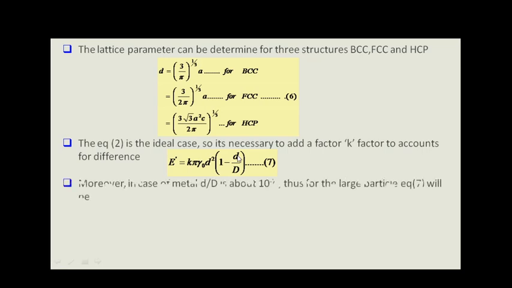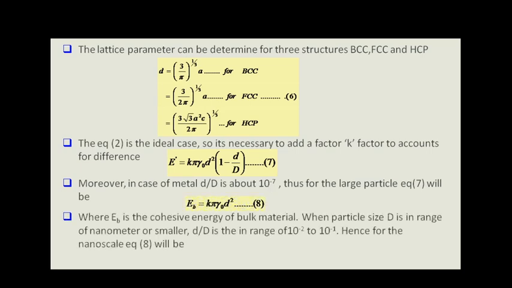I have given the statistics also. In the case of a metal, if small d to capital D is about 10 to the power minus 7, if the particle is very, very large, maybe 100 nanometer and so on. If you look here, this is a few nanometers and this is 100 nanometers. So 10 to the power minus 7 will appear, and that would give me the relation from equation 7.